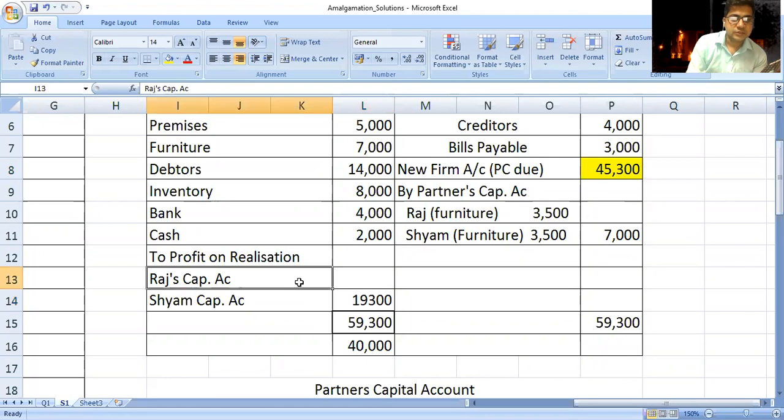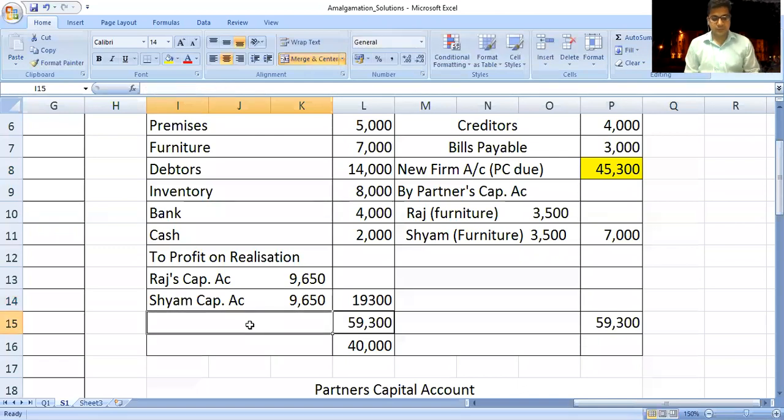So Raj's share is 9,650 and Sham's share is also the same, 9,650. So see friends, profit we transfer to partners capital account.